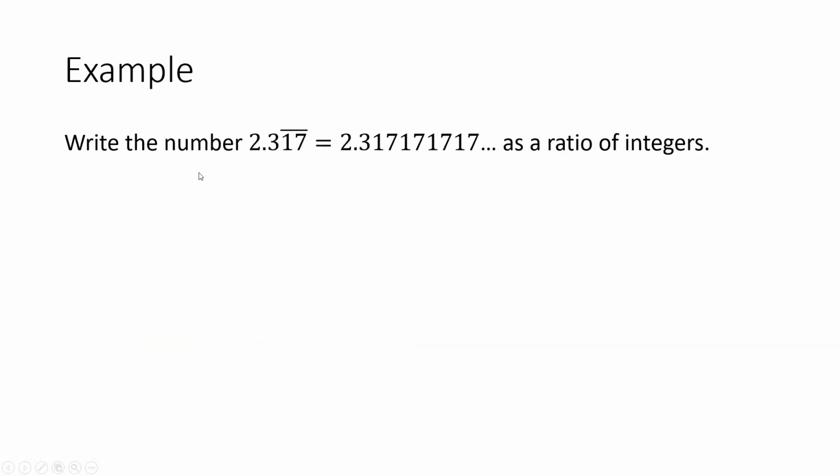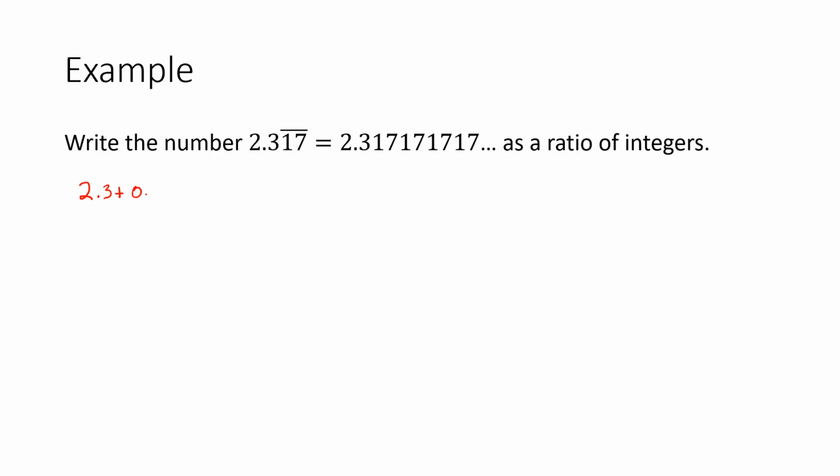In this example, we want to write the repeating decimal 2.317 bar, so in other words, it's repeating the 17 part, as a ratio of integers. Now with any repeating decimal, you can always write it as a geometric series. For instance, if I take 2.317 repeating, I can take the 2.3 part aside, that's not the repeating part.